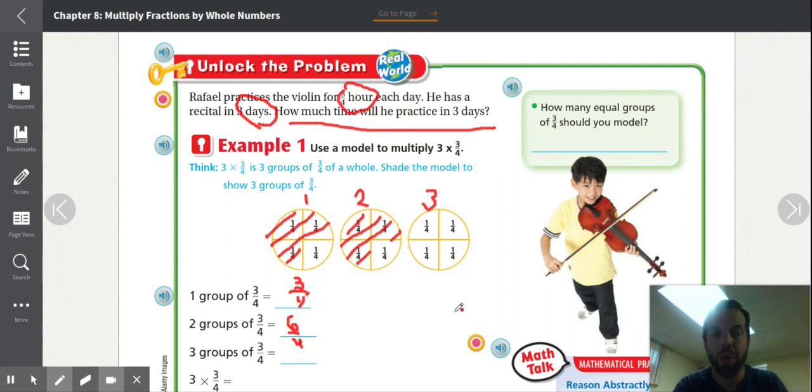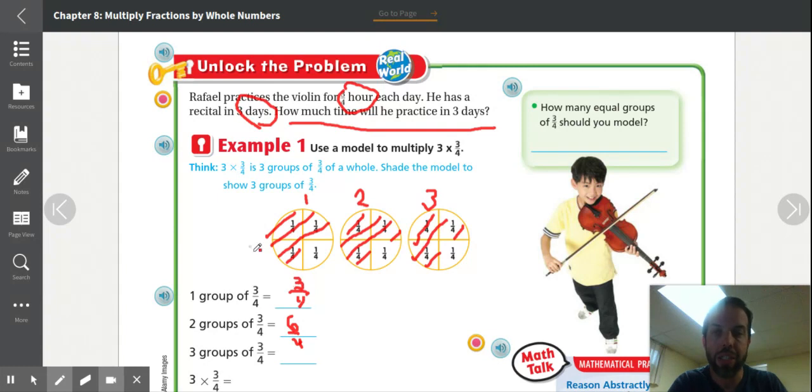All right. So remember, I got my 6/4 because I'm simply just counting how many times. 1, 2, 3, 4, 5, 6. 6/4. But we want 3 whole days. So I'm going to do the same thing again for my 3rd day. So I'm going to shade in, again, 3/4.